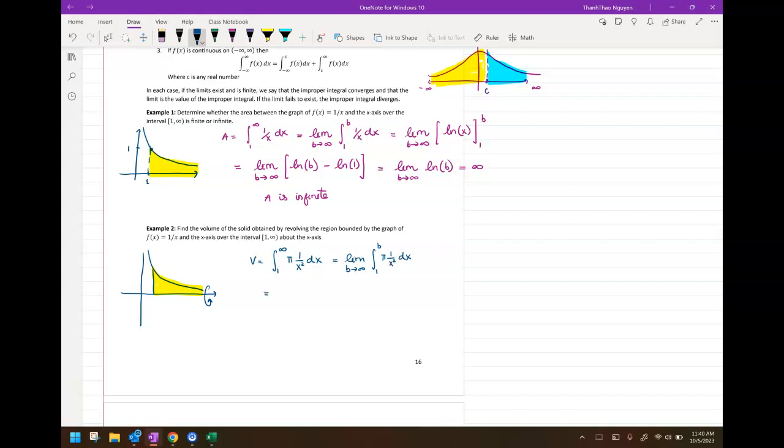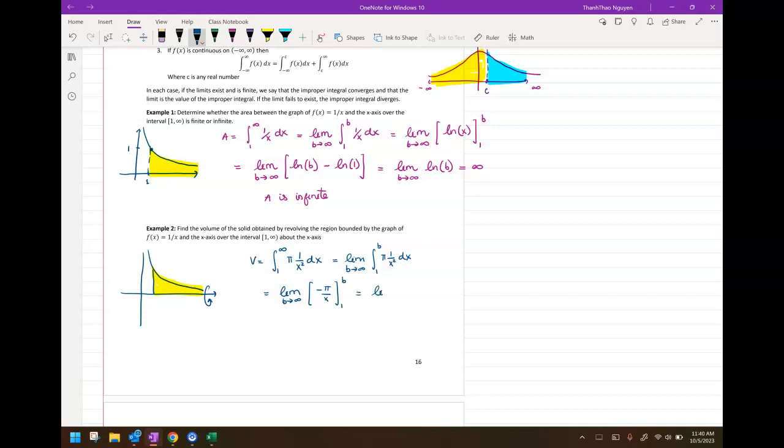This equals the limit as b goes to infinity of negative pi over x, evaluated from 1 to b.